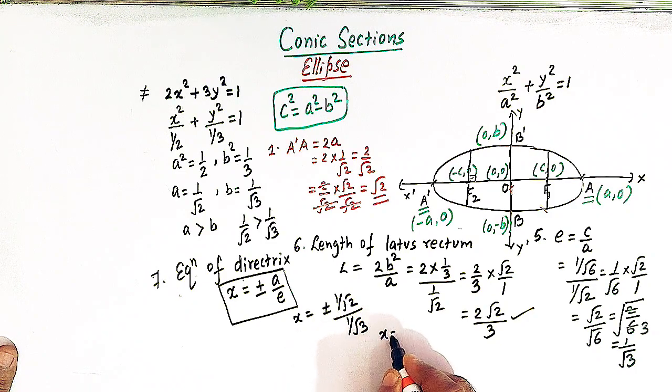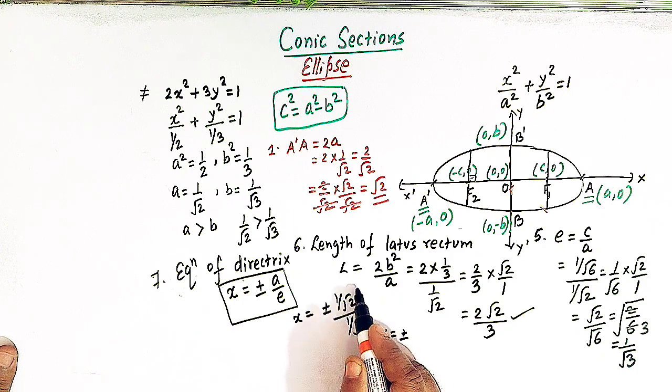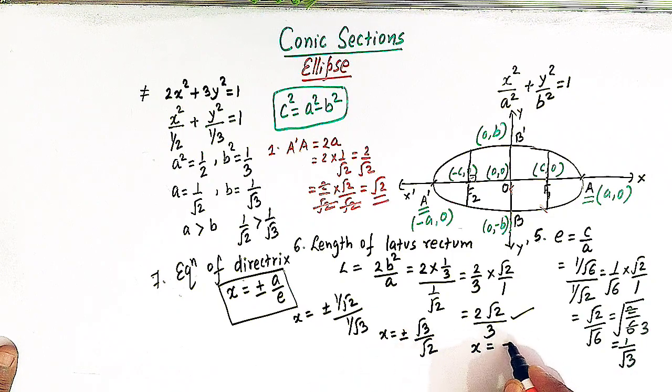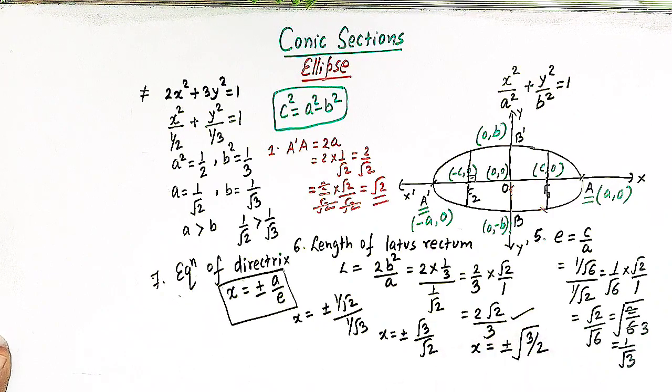So x is equal to plus minus, and we can take square root of 3 to the numerator. So we have square root of 3 over square root of 2. So we can now write x is equal to plus minus square root of 3 over 2.